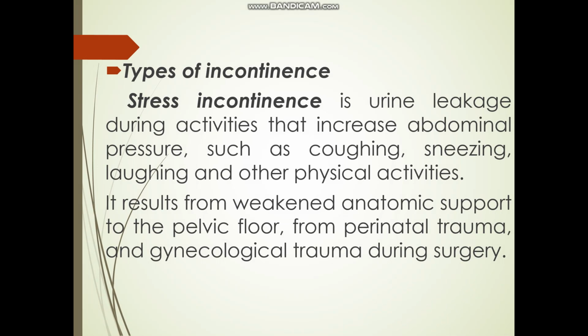It results from a weakened anatomic support. The old age person's anatomical structure is already weakened. The anatomic support of the pelvic floor may be weakened, or may be an after effect of perinatal trauma or gynecological trauma during any surgery. So that is about stress incontinence.